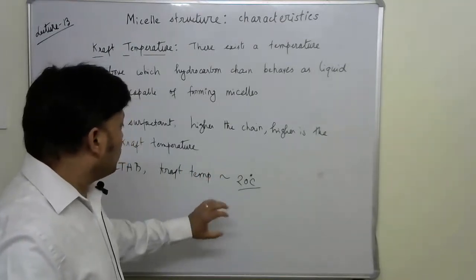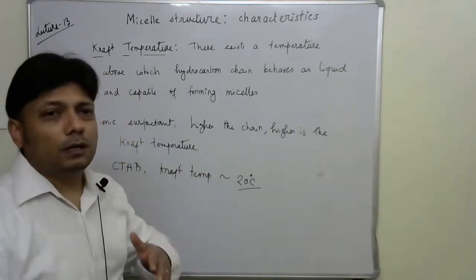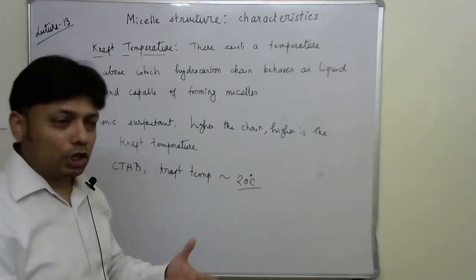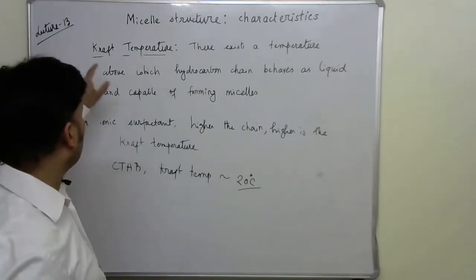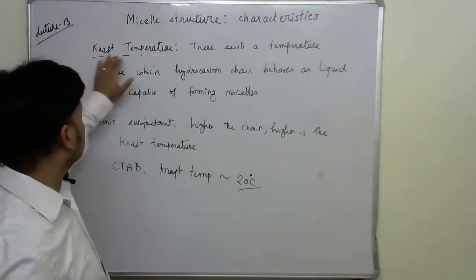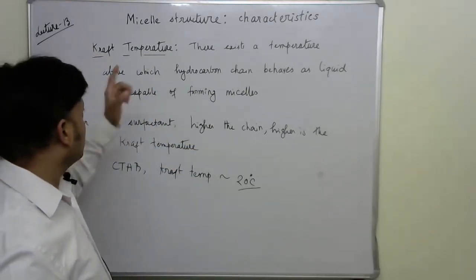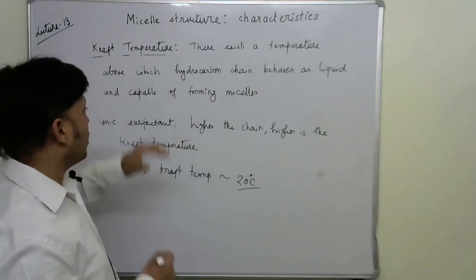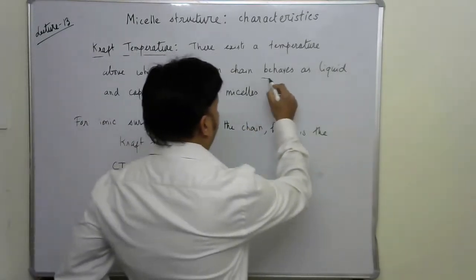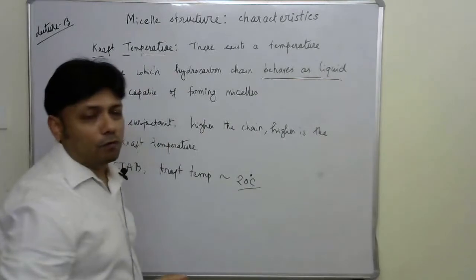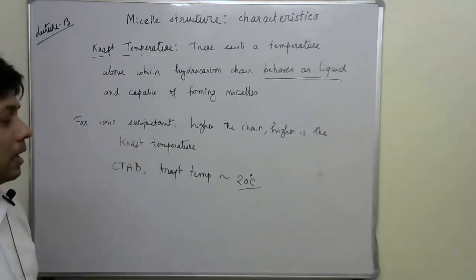So you need some liquidation effect of the hydrocarbon chain to form micelles. Therefore, the temperature that defines the transition is the Kraft temperature. Above the Kraft temperature, the hydrocarbon chain basically behaves as liquid and is capable of forming micelles.